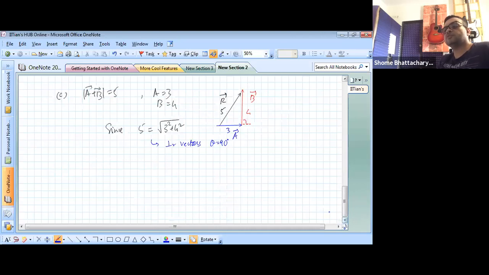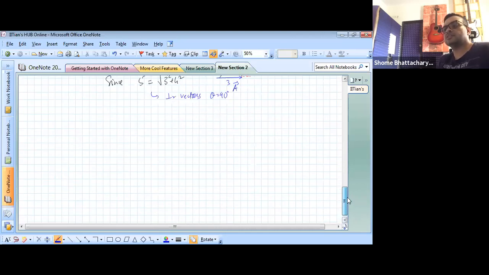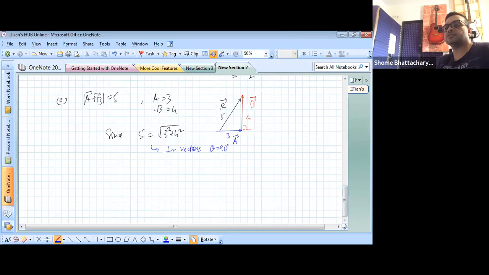Or you can use the same way of solving. If it doesn't strike you on just looking at the values that it is Pythagorean, you just solve it this way. So again in this you substitute this as 5, and in this you substitute A as 3, B as 4.